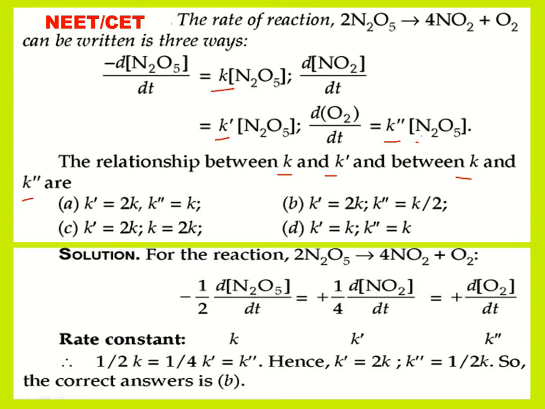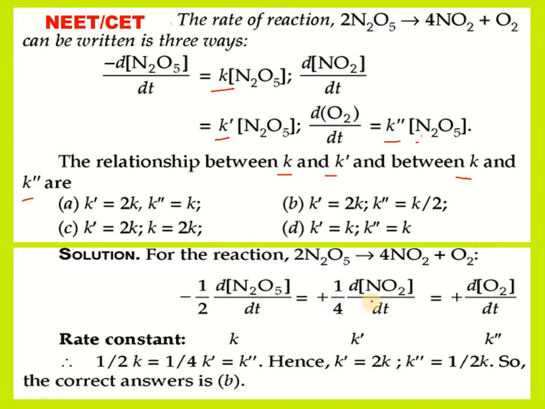For this reaction, you write the stoichiometric rate equation. Then, from the above equation, we got minus 1 by 2 d by dt of N2O5, that is given as K into N2O5 concentration.